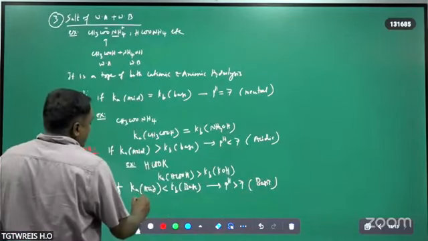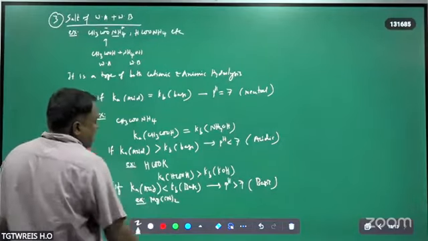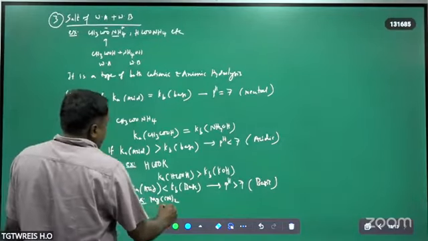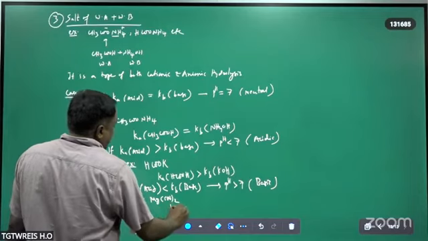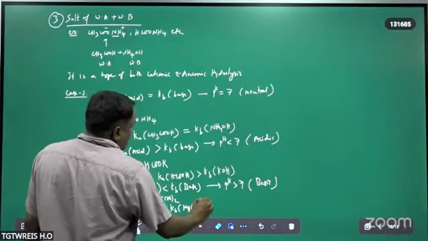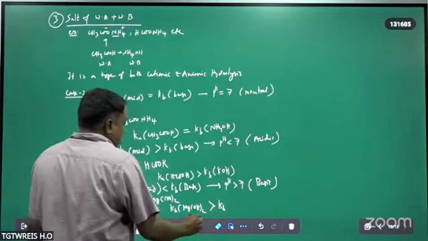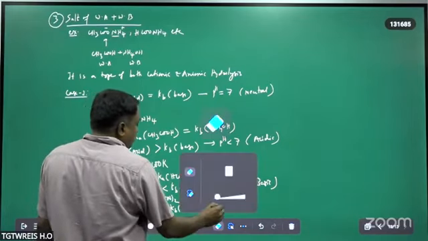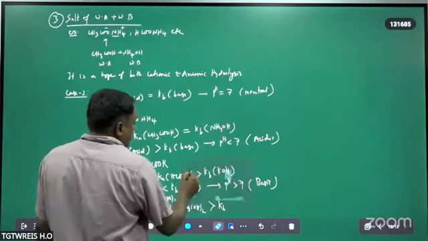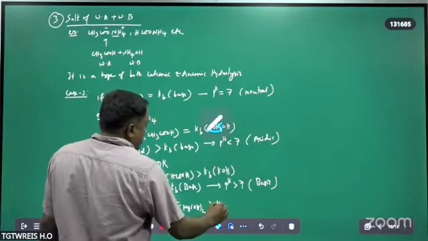For example, Mg(CN)2 is the salt, where Kb of Mg(OH)2 is greater than Ka of HCN.